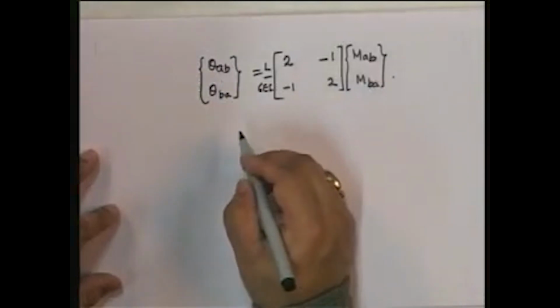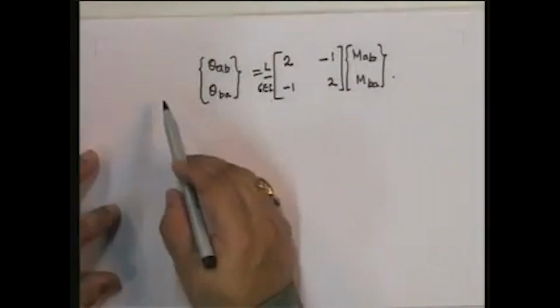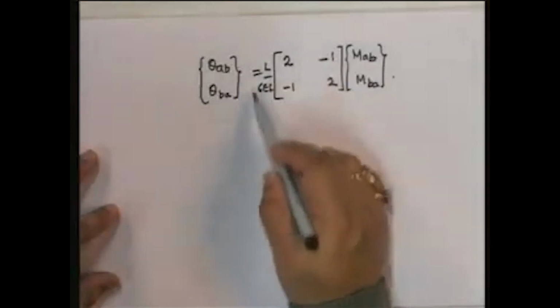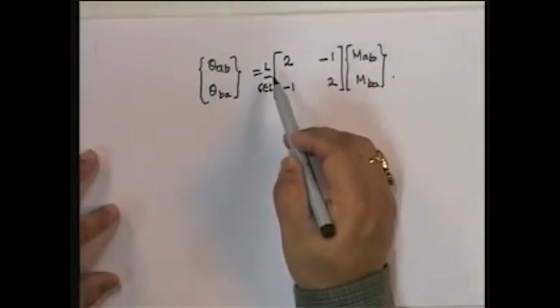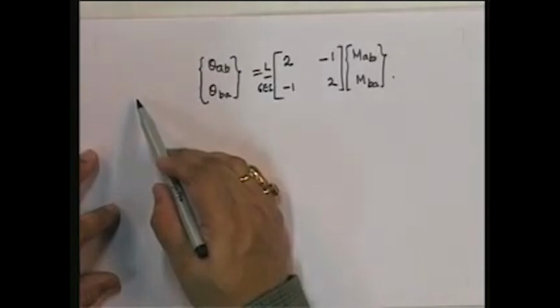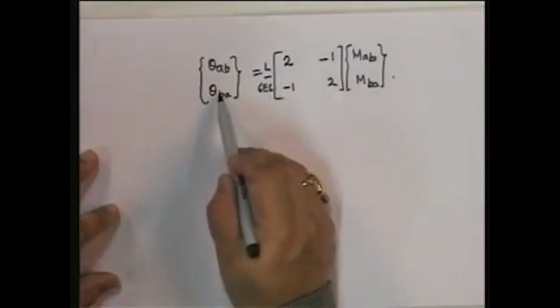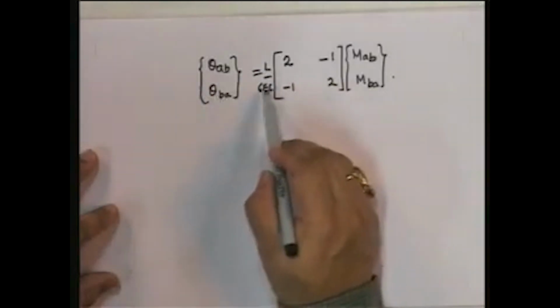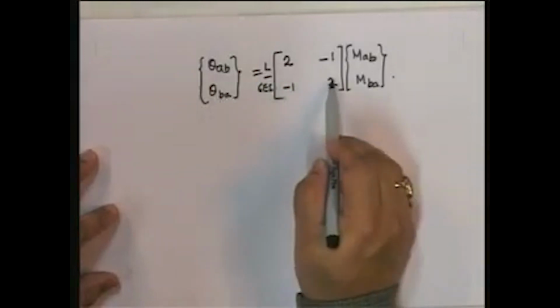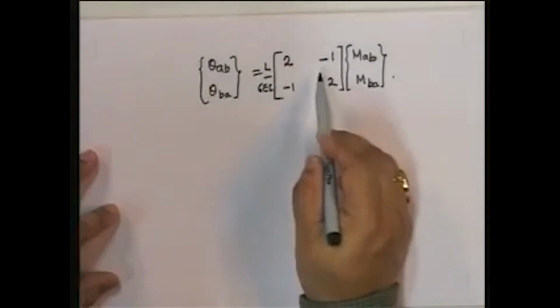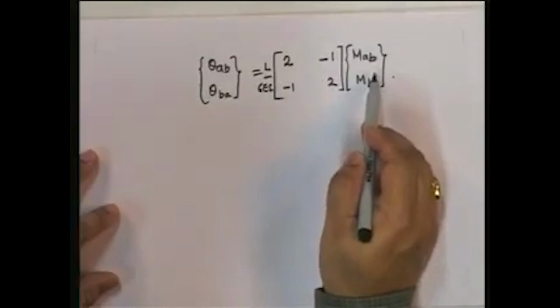So what do I need to do? Look at this. If I pre-multiply this by the inverse of this, what would I get? The inverse of this multiplied by theta AB is equal to the inverse of this into this, which is going to be what? A unit matrix into this. What would be a unit matrix? It would be the same.